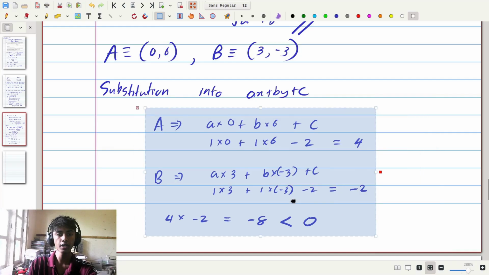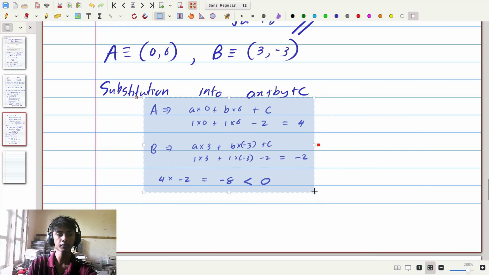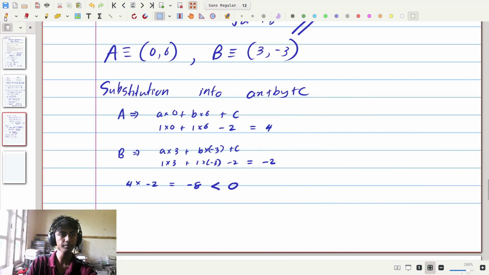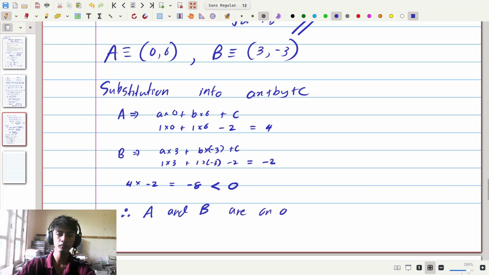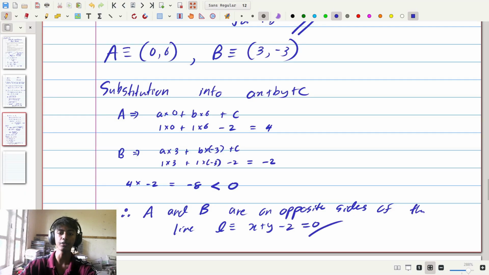So therefore, taking this result we can say, given this, therefore A and B are on opposite sides of the line L, which is given by x plus y minus 2 equals 0. And with that, we are done with that part of the question.